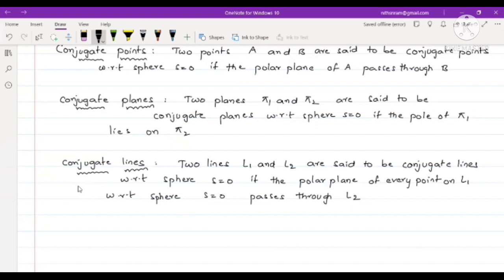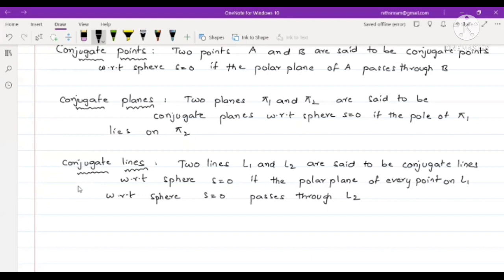Okay. So whenever the polar plane of every point on L1 passes through L2, then we say that the two lines are conjugate lines. So while doing problems, I will explain you in detail.